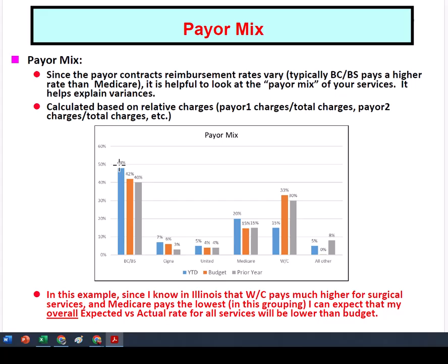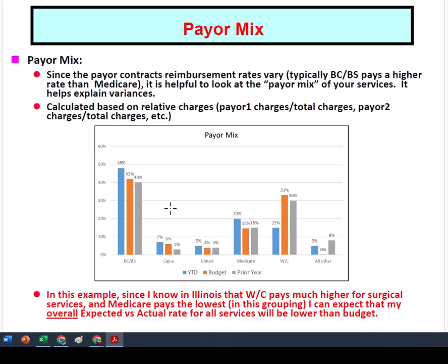So this is super important, and you're going to have some assignments based on this. That's why looking at payer mix is really important, because everything can be exactly the same, but the patients switch from a higher paying insurance to a lower.